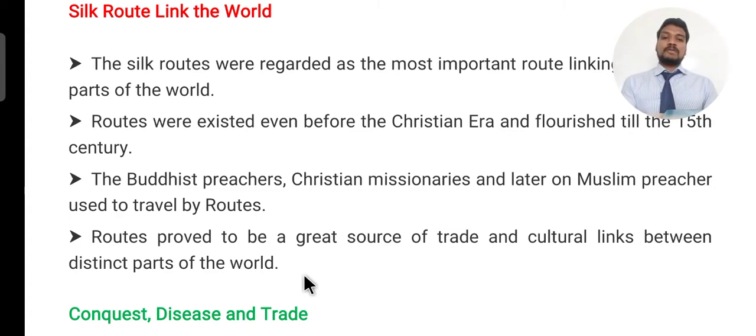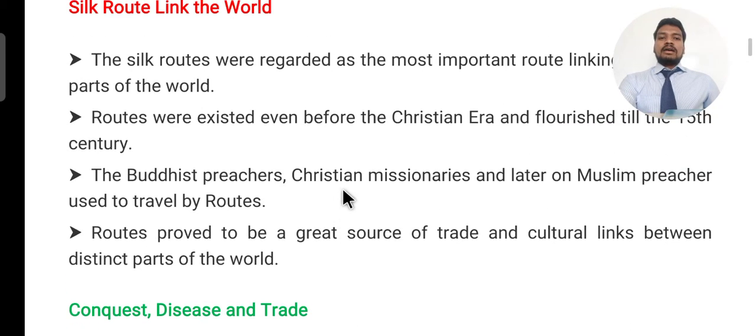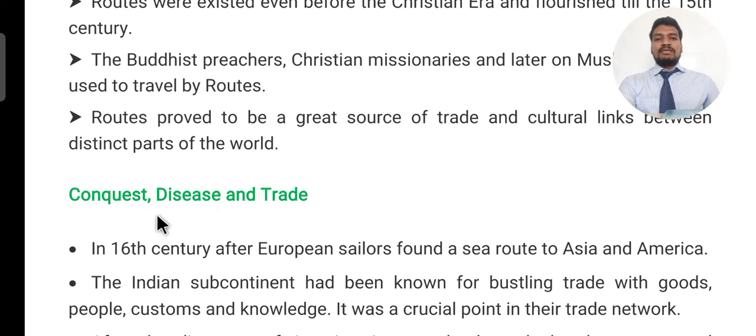The Silk Route was providing an important connection between these countries and continents in exchanging culture, goods, commodities and people, and many other things got exchanged along these routes. So then the continuation there: conquest, diseases and trade. What is conquest?